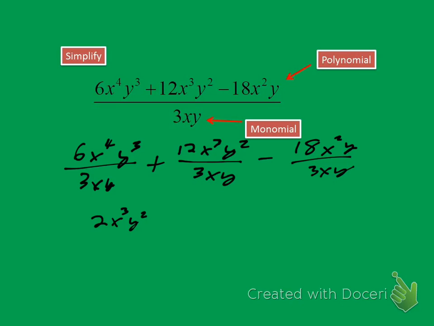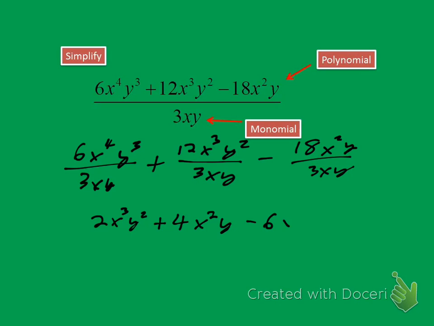Alright, plus 12 over 3 gives you 4. X cubed over x gives you x squared. Y squared over y gives you y. And then a minus. 18 over 3 gives you 6.